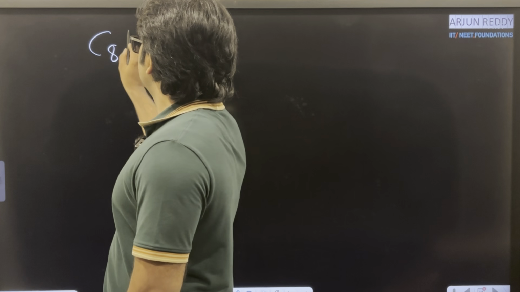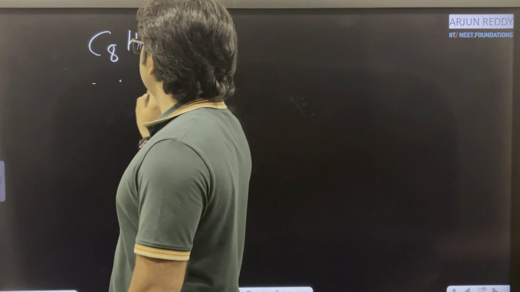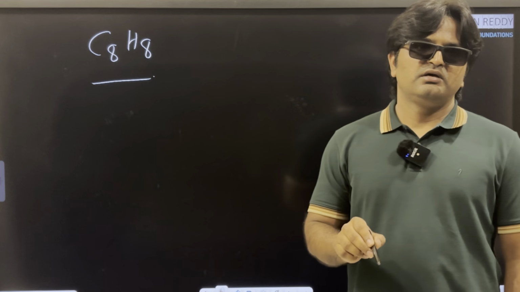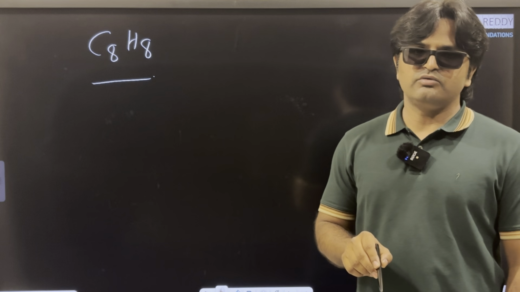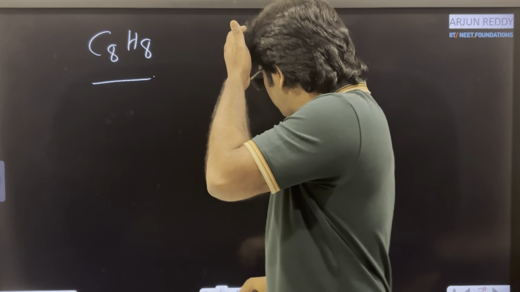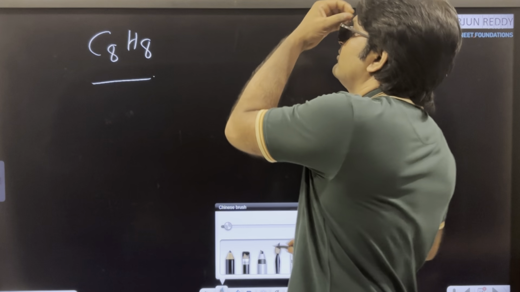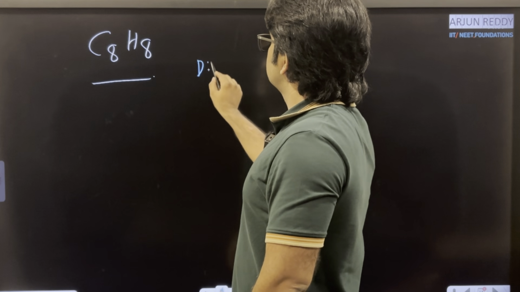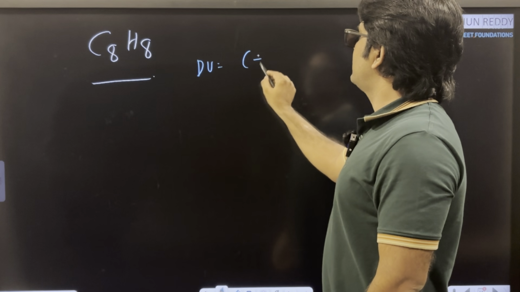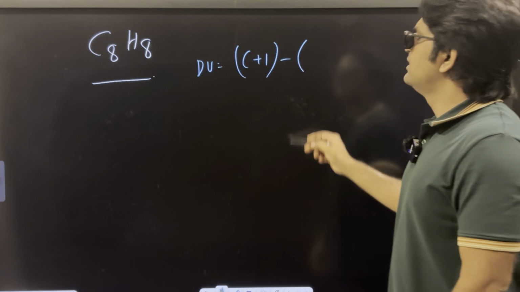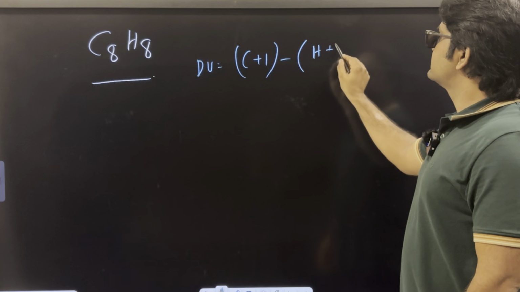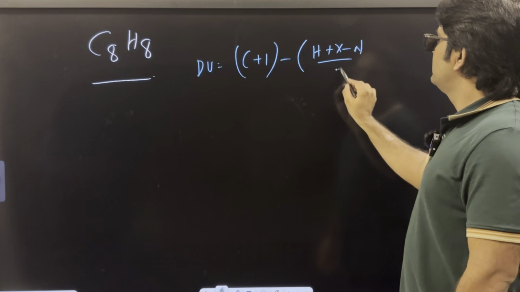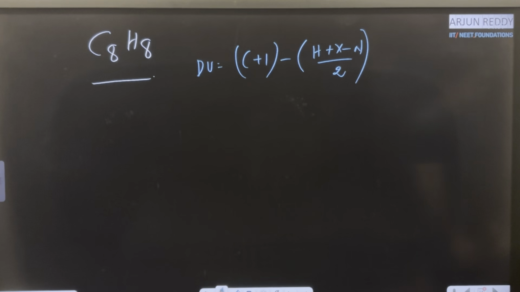C8H8 is given. We don't know the structure of that compound. Then how do we calculate the degree of unsaturation using that formula? Degree of unsaturation DU equals, applying the formula, number of carbon atoms plus 1, minus number of hydrogen atoms plus number of halogen atoms minus number of nitrogens, divided by 2.